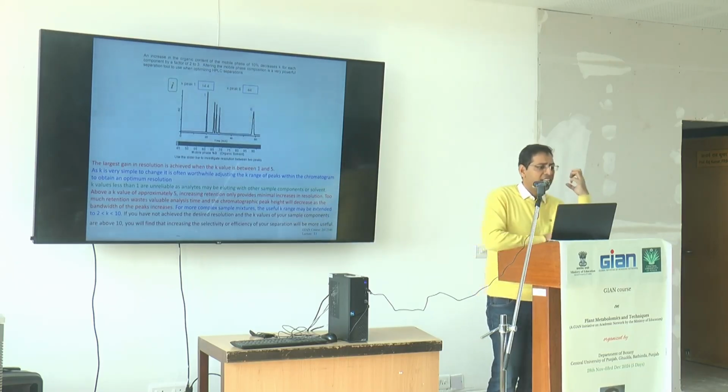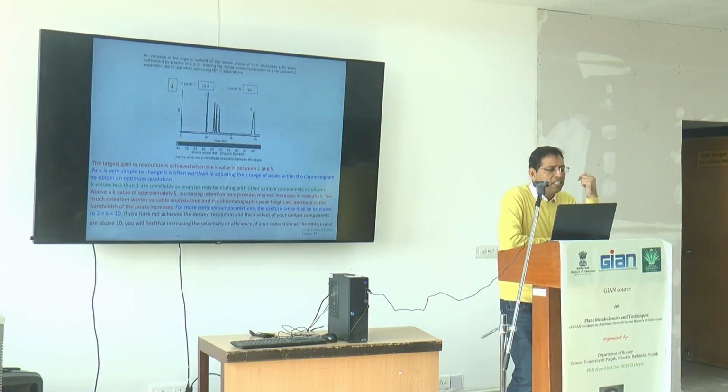The largest gain in resolution comes when the K value is between 1 and 5. If the K value is below 1, it will be very difficult for you, and it is difficult to resolve a single peak.